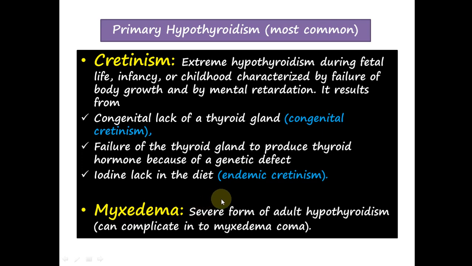And if adult hypothyroidism goes into its severe form, it is known as myxedema, because of the accumulation of mucopolysaccharides or glycosaminoglycans in the skin, which becomes thickened, and also the person develops slow reflexes, weight gain, constipation, and other symptoms associated with hypothyroidism.